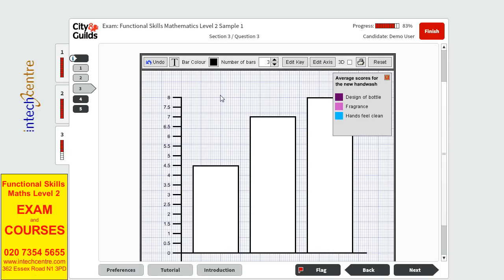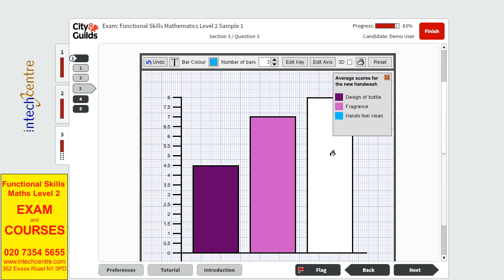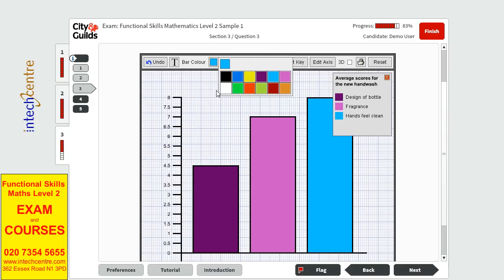Now we will color in the bars. So we click on color bars, and the first one was purple. This is how you link the bars to the keys you created. And the last one will be blue. Alright, so design of bottle purple, fragrance pink, hands feel clean blue.